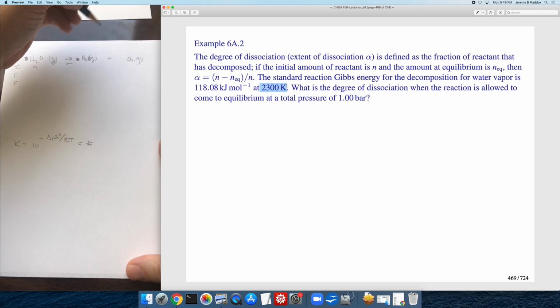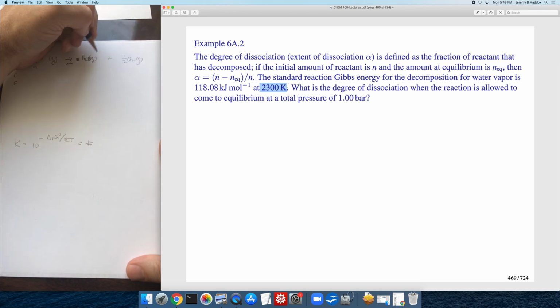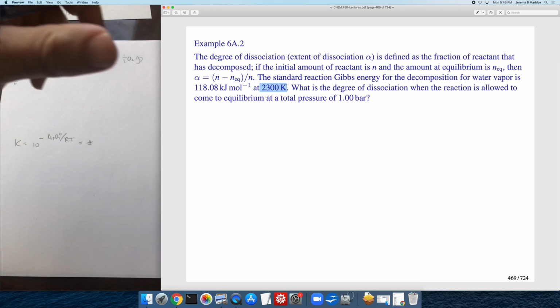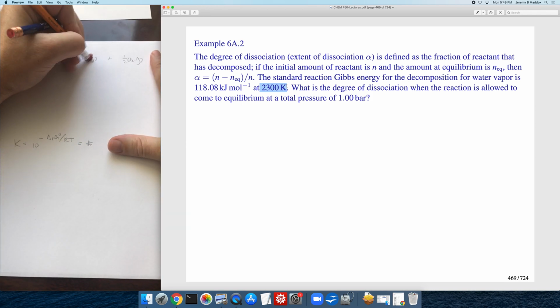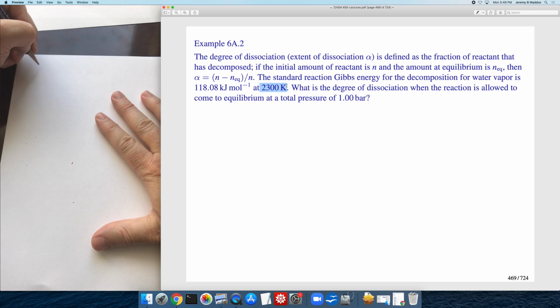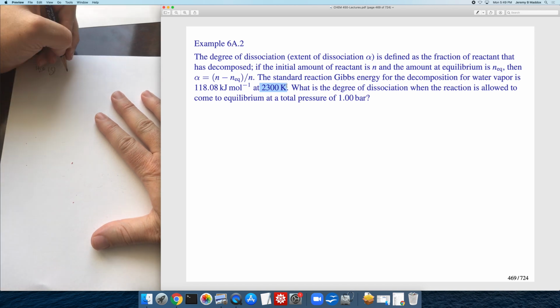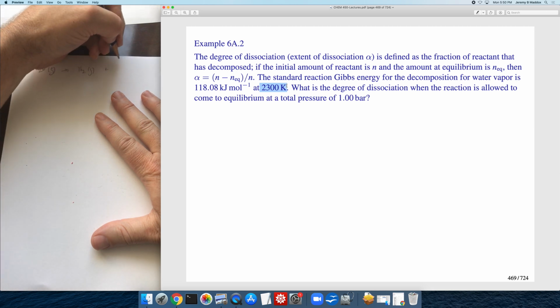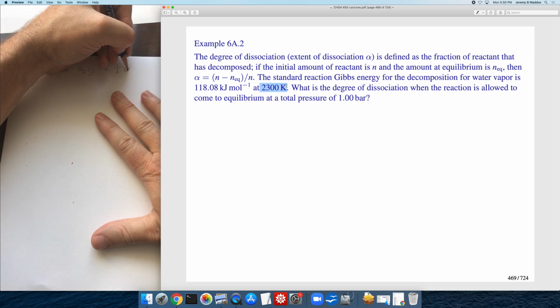That's a little confusing. Anyway, we'll just start over. We'll do H2O gas to H2 gas plus, we'll follow Atkins' approach, 1/2 mole of O2 gas.